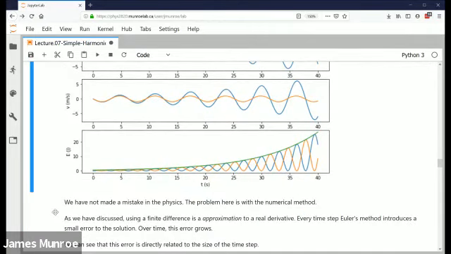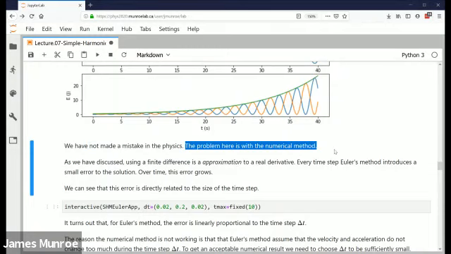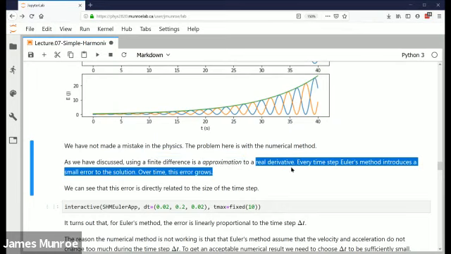There is something wrong. The mistake is not in the physics. The physics is totally fine. An oscillator conserves energy. The problem is with the numerical method. What we've discussed so far is that Euler's method is based on a finite difference, which is an approximation to a real derivative.